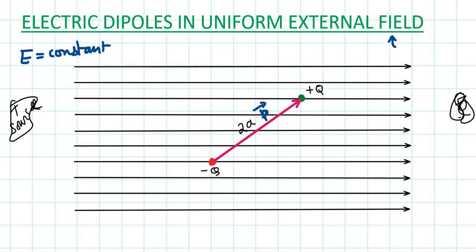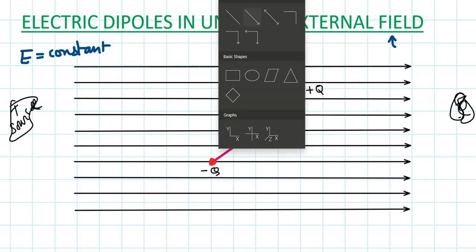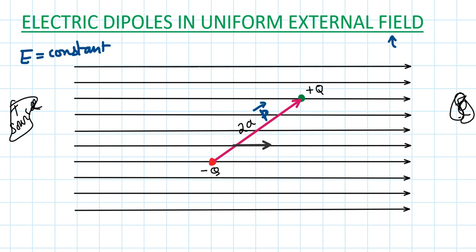The external electric field is in some direction like that, and you have your dipole moment vector looking that way, and the angle between them is some theta.